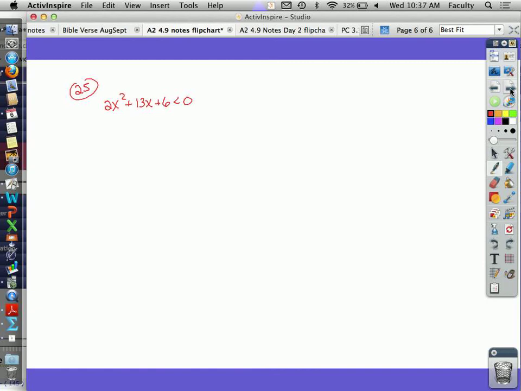Remember to check your answers, okay? Check your answers, you've got them there. Number 25. Remember how to factor there. So x equals -1/2 or x equals -6 are the critical numbers.